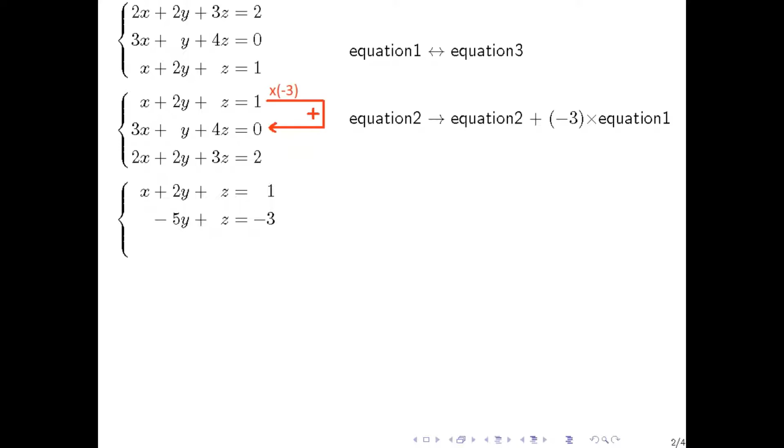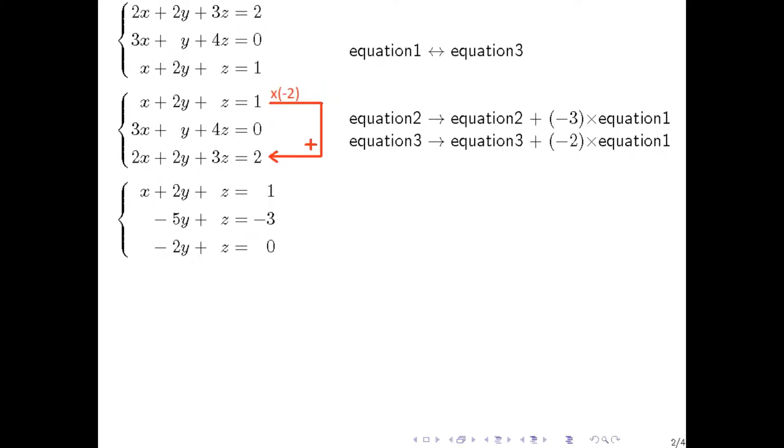In order to do so, we first multiply the whole equation 1 with negative 3 and add that directly to equation 2. If we do that correctly, we should be able to get negative 5y plus z equals negative 3. And we are going to mark and note by writing that equation 2 an arrow, which means it has become equation 2 itself plus negative 3 times equation 1.